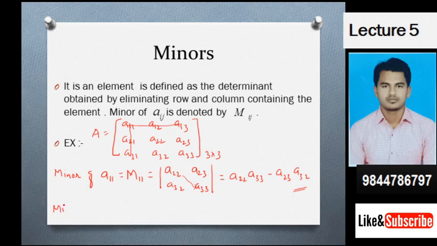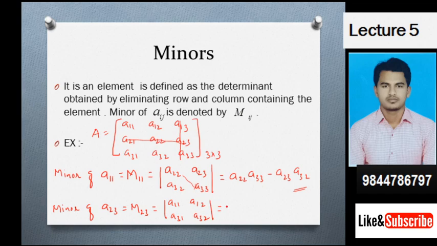If the problem asks what is the minor of A23, what will you do? Guess. Just eliminate the second row and third column. Write the remaining values in a determinant: A11, A12, A31, A32.